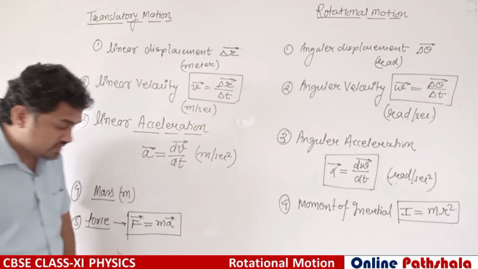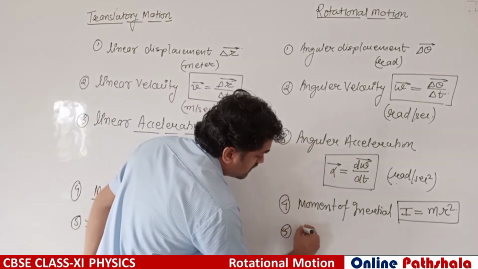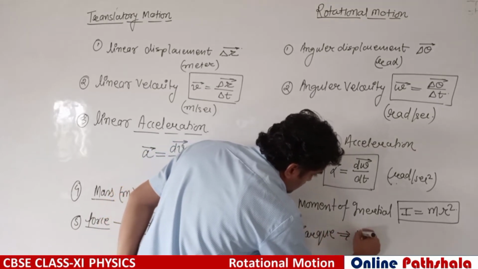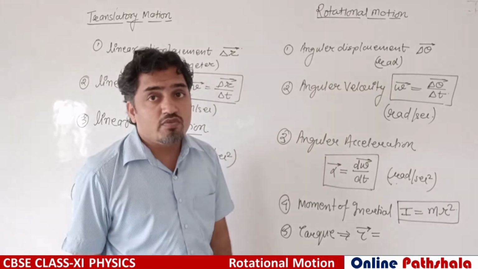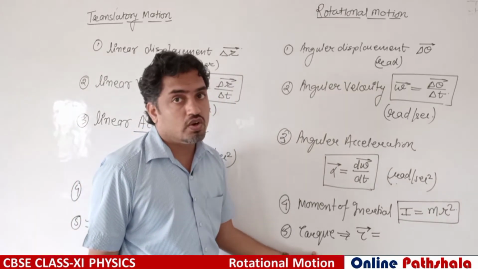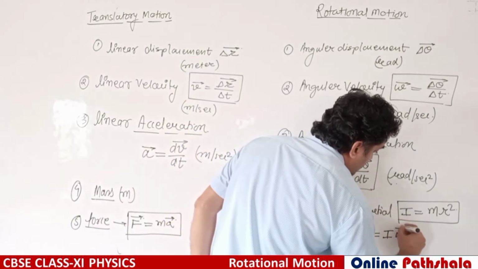Same concept we will use in rotational motion, which is the torque vector. In translatory motion we use force; in rotational motion we have to use torque. So the torque vector is equal to I into alpha vector.